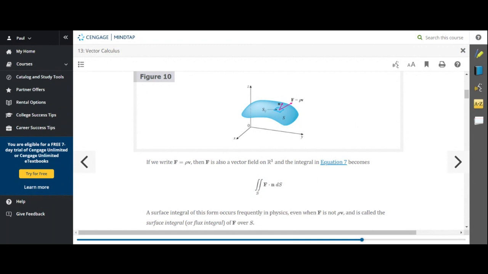But of course, because of the vector field, the fluid might not be going in that direction. It might be going in the direction of the vector field F. So in terms of this rate, we need to look at the portion of this vector field that goes in the direction of the normal vector.